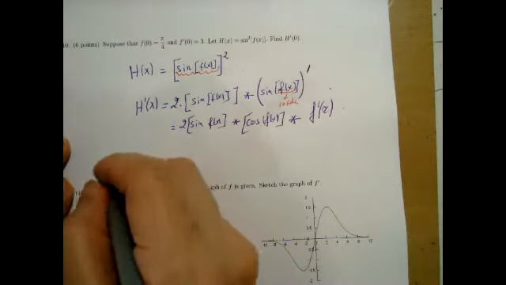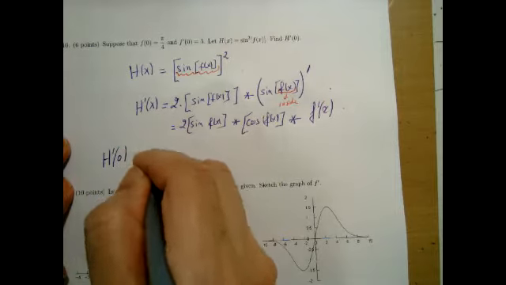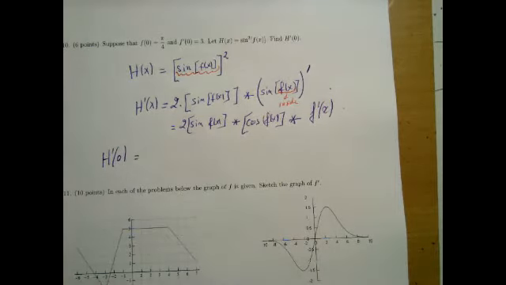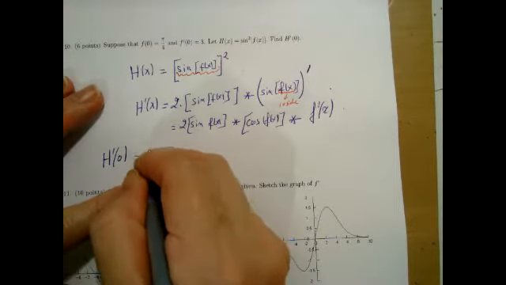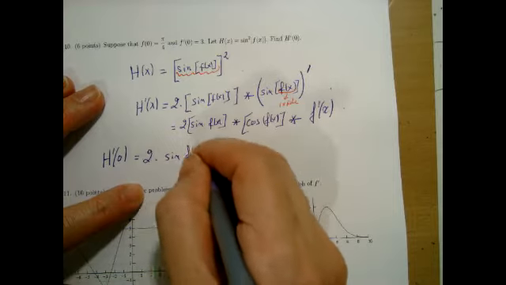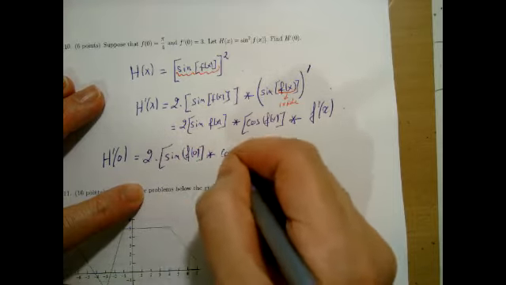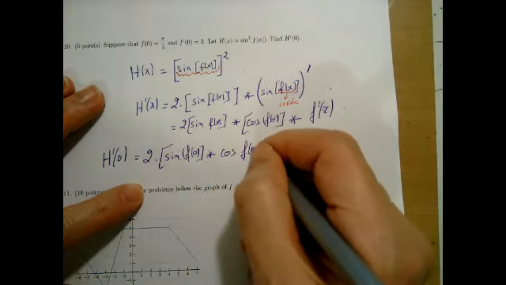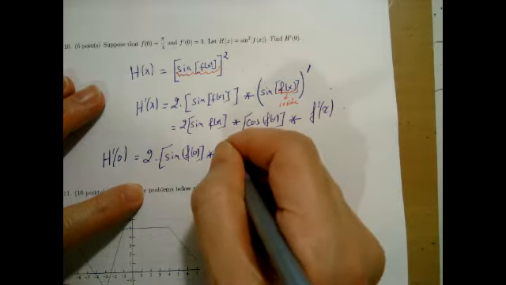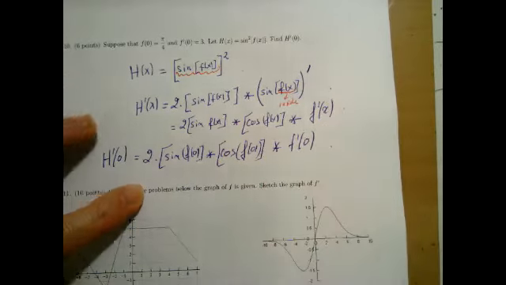Now h prime at 0, we need to find h prime at 0. Means we have to substitute 0 for x everywhere. So this will give me 2 times the sine of f of 0 times the cosine of f of 0 times f prime at 0.